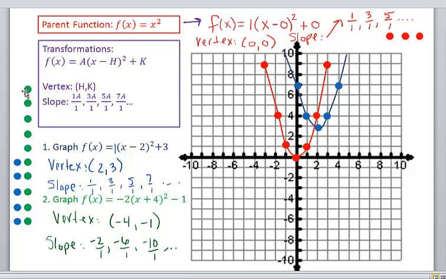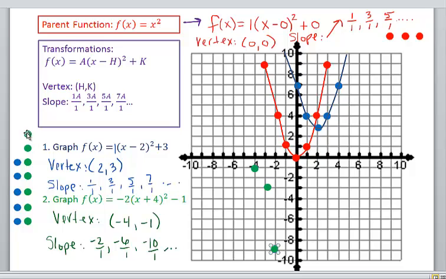I'm going to start at my vertex, to the left 4 units and down 1. From there, I want to go down 2 and to the right 1. So from this vertex, down 2 and to the right 1. From there, I want to go down 6 and to the right 1.